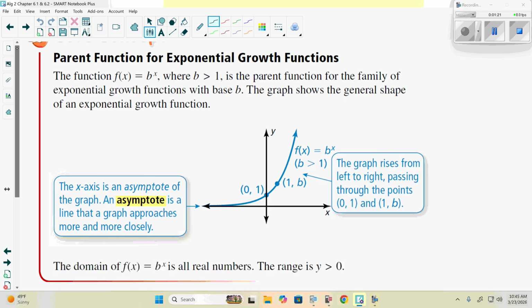You want to write that, or at least highlight it: exponential growth. Because the big thing with exponential growth is that b is greater than 1. If b is greater than 1, it's exponential growth. And we consider this to be exponential growth because the amount that the function increases as x increases is going to be more and more as we go further along.